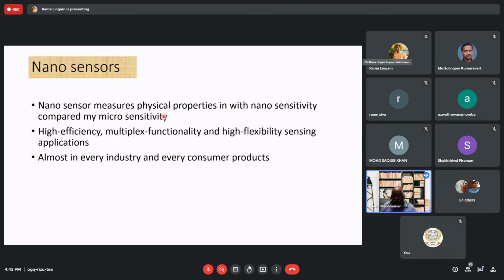They are highly efficient, with multiplex functioning, so you can have different functionality within a single sensor, and high flexibility in sensing applications. Almost every industry nowadays tries to have nano sensors in their products.